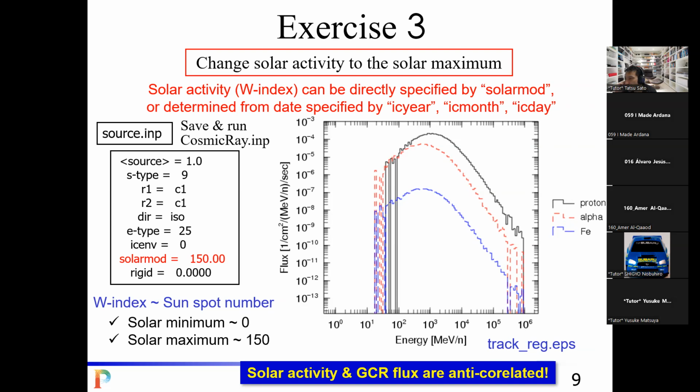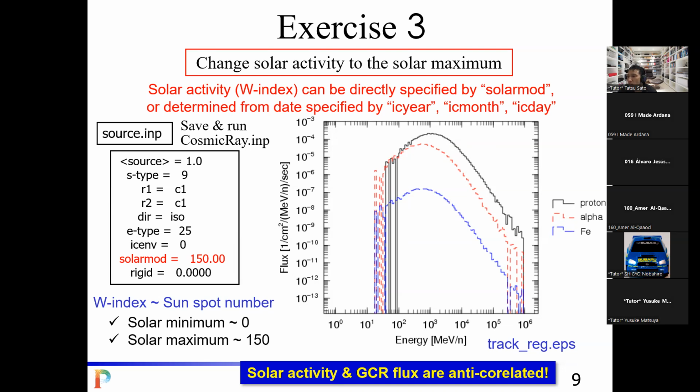How is the W index related to the sunspot number? It's rather difficult to answer. So actually, the W index itself has no direct relationship with the sunspot number. The way to evaluate the W index is that we use the count rate of ground-based neutron monitors.